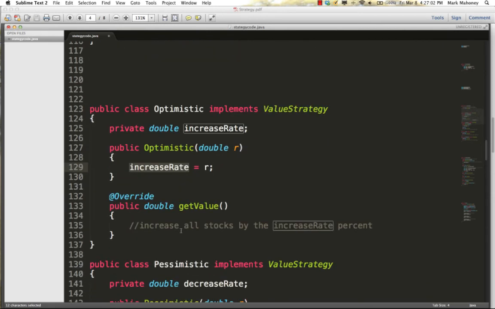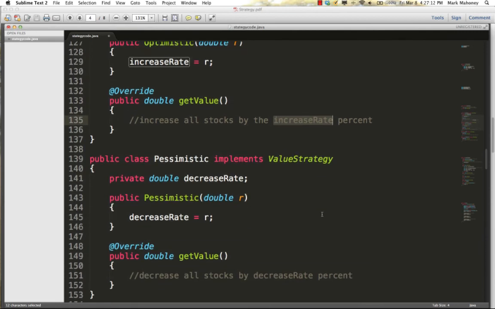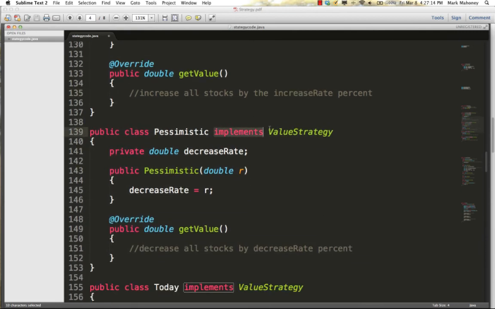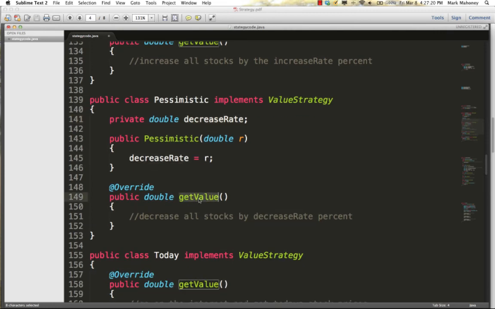And then we override getValue, where I left out the code, but we increase all stocks by whatever rate the user specified. And Pessimistic is very similar, it implements ValueStrategy, but this time we have a decrease rate. And the way we get the value for the Pessimistic strategy is we decrease all stocks by this percentage.